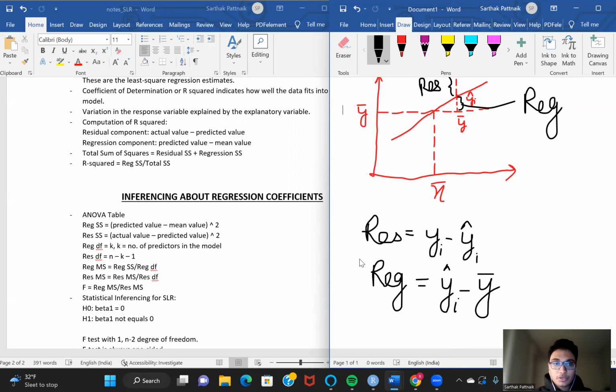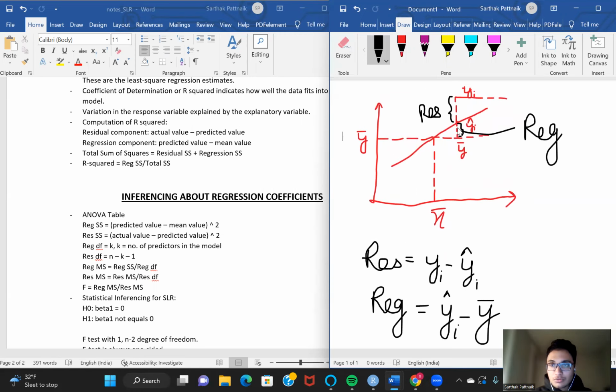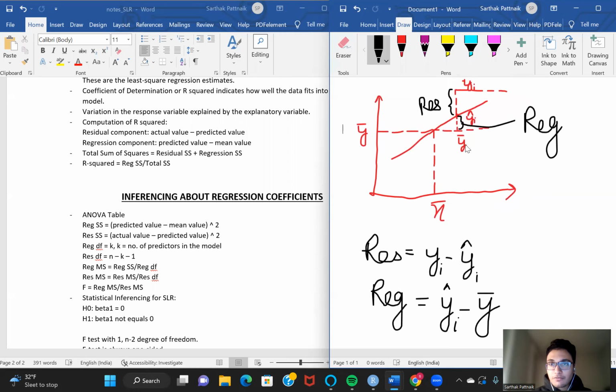This is, sorry, this is residual component. This is regression component. And if you look at the sum of these two, this gives you the total. So regression plus residual gives you the difference between the average and the actual point.